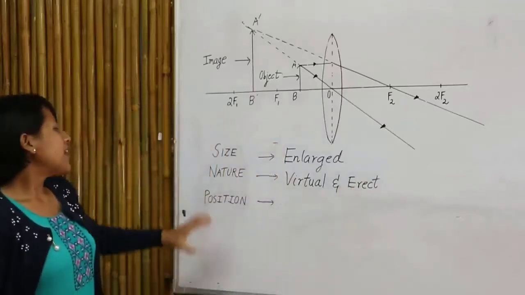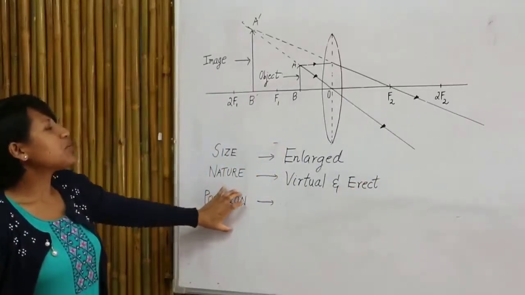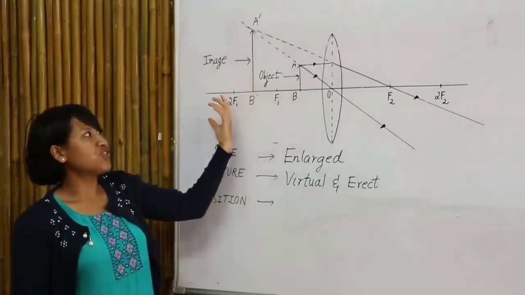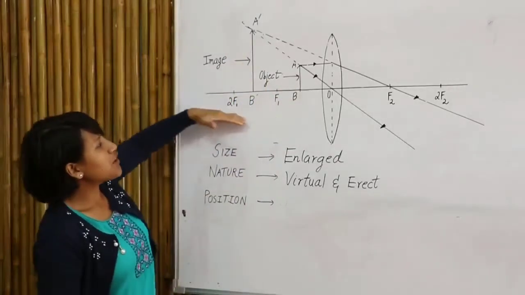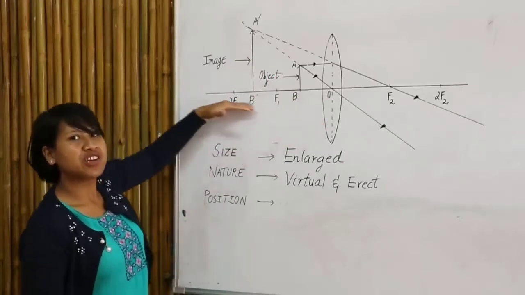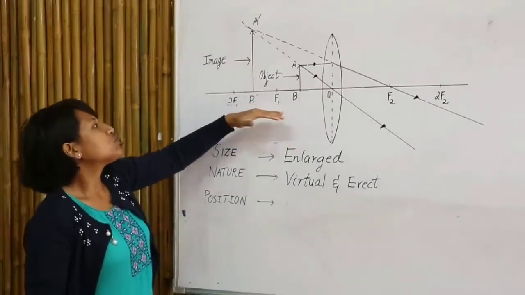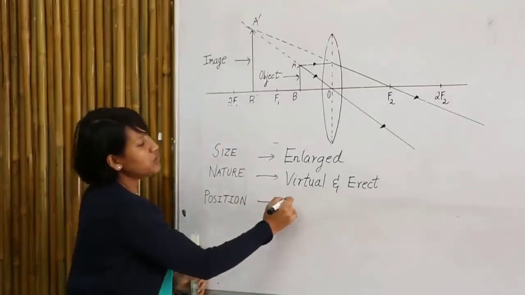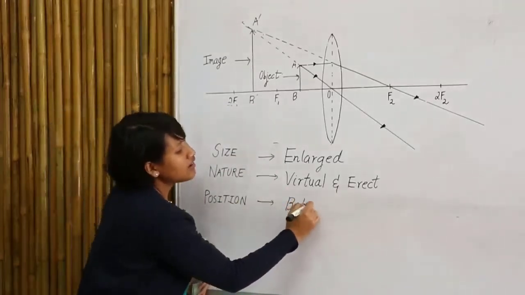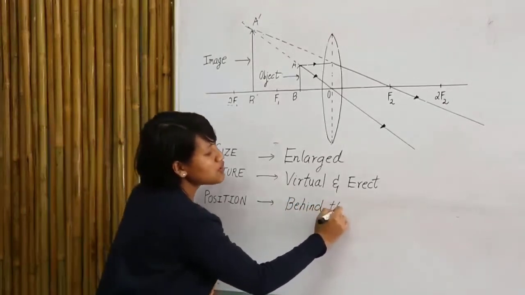The last is the position of the image. Where is the image formed? You observe the image is formed on the same side as the object. So for the position, we write: behind the object.